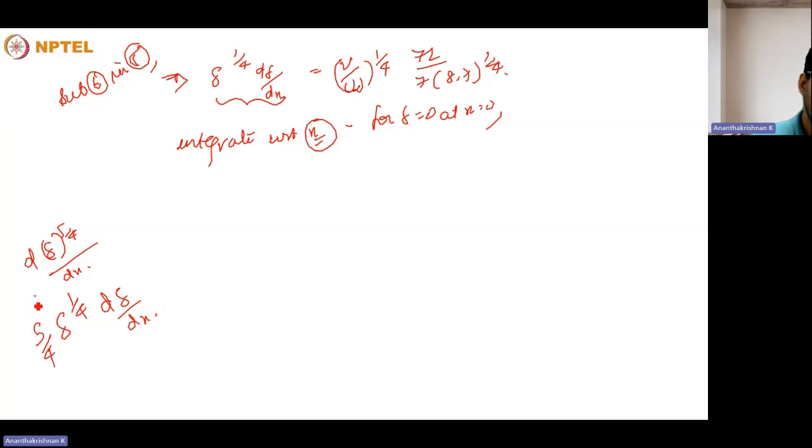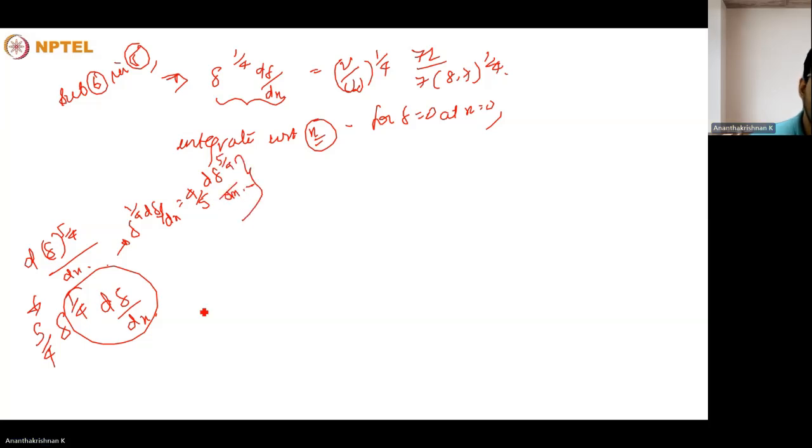Therefore, this particular term, delta raised to 1 by 4 d delta by dx, can be written as 4 by 5 into d delta raised to 5 by 4 by dx.